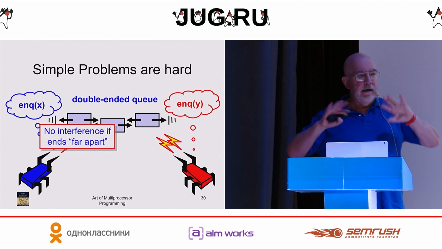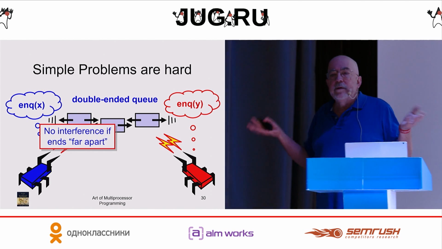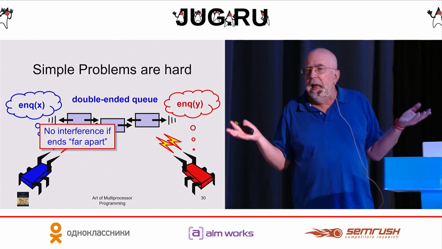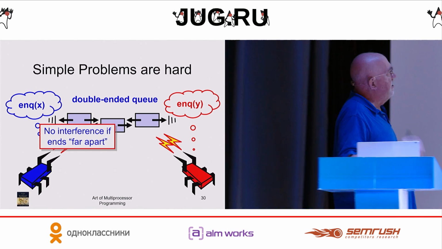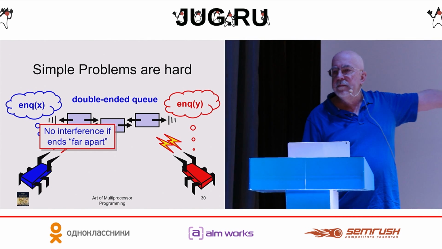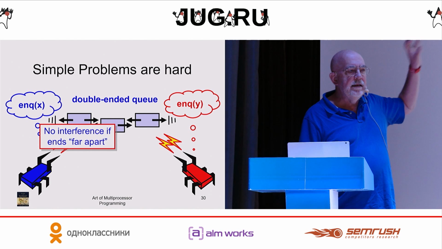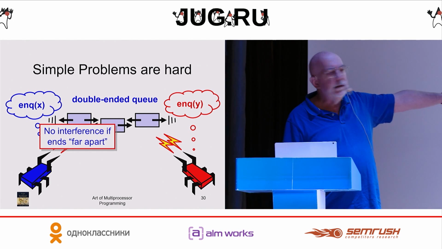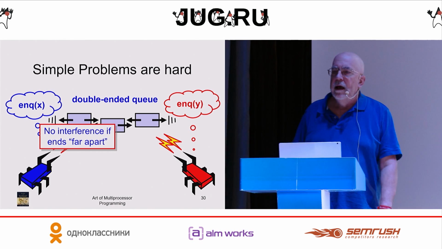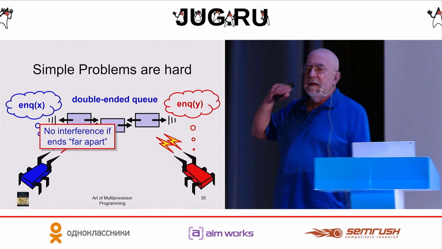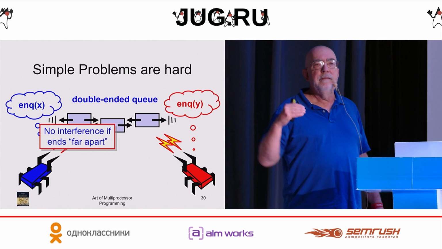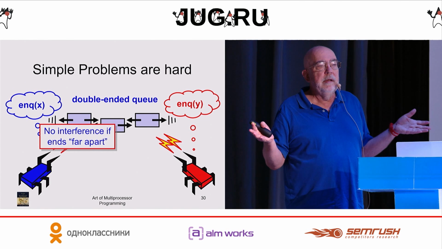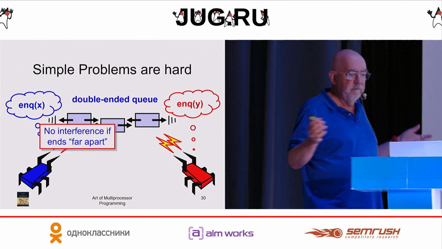I don't want them contending for a lock because there's no need. Plus, I believe that this is perhaps the most common case. 99% of the time, the ends of the queue are far apart, and I don't want to pay for synchronization that isn't necessary if the case where it is not necessary is extremely common.